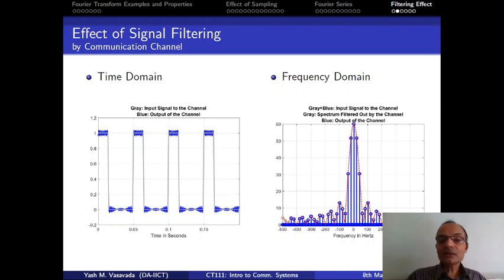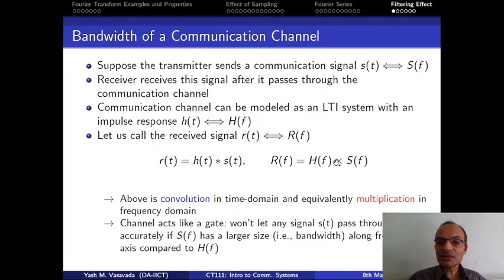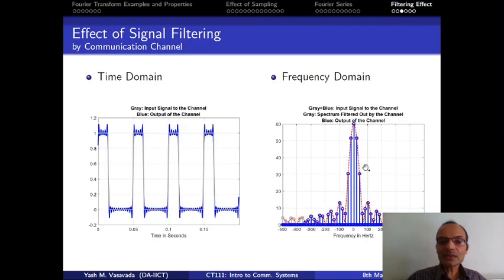But now if I say that the communication channel is a bit more stringent, so that it doesn't let the signal components above minus 350 hertz to plus 350 hertz pass through. So now you see a lot of this original signal spectrum got zeroed out by the channel. And so just like in Gibbs phenomenon, now at the receiver I see more ripples.